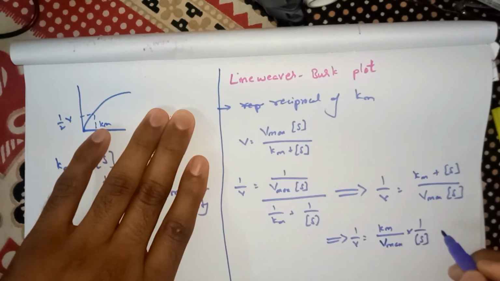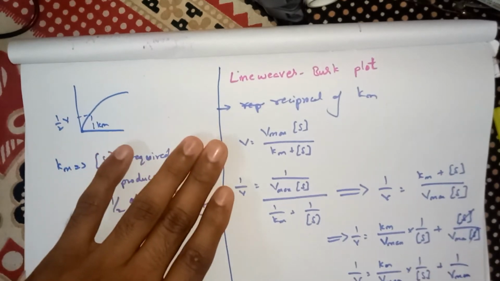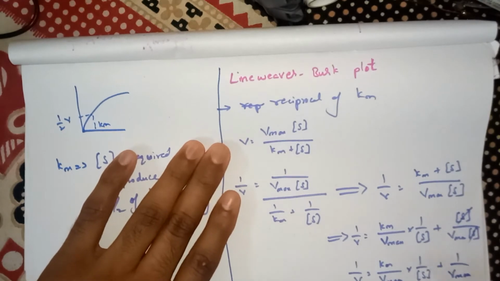Upon further simplification, 1 by V is equal to Km by Vmax into 1 by S plus S by Vmax into S. This S and S gets cancelled, so we get 1 by V is equal to Km by Vmax into 1 by S plus 1 by Vmax. And looking at it we get an idea.